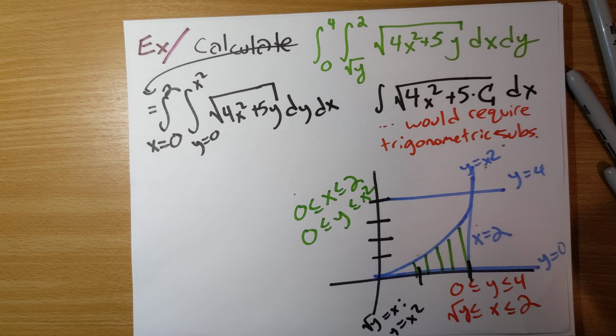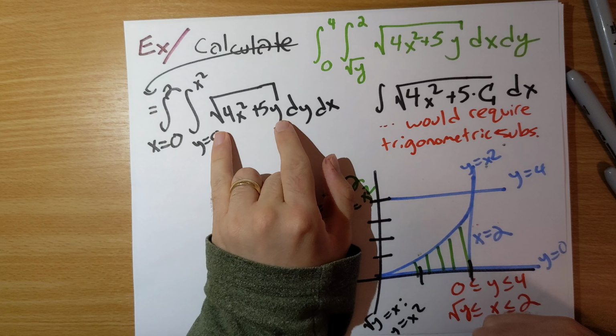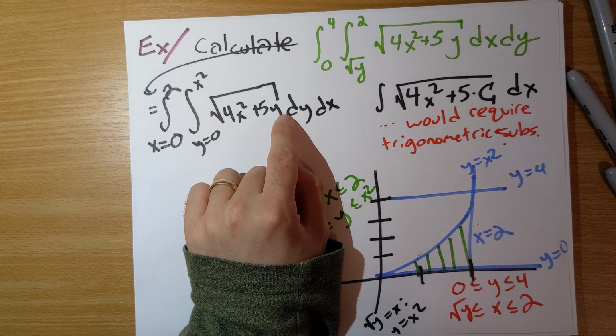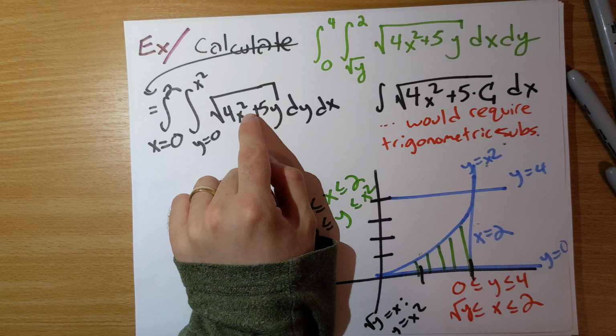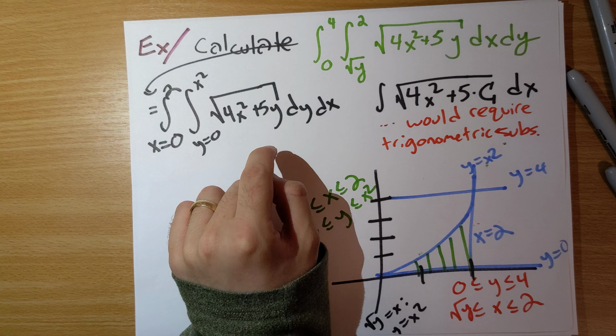And now our life is a lot easier. Why is our life a lot easier? Because finding the antiderivative with respect to y is a lot easier, because we just have something linear in y under the square root. There's no y squared here.